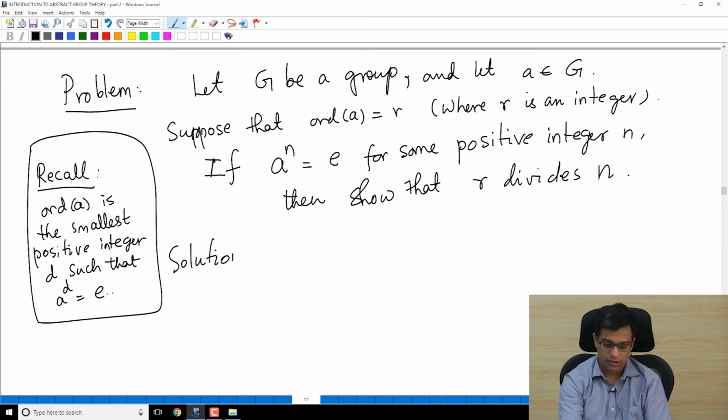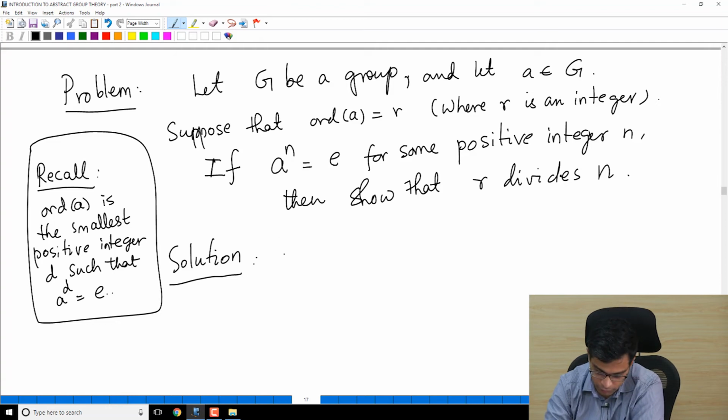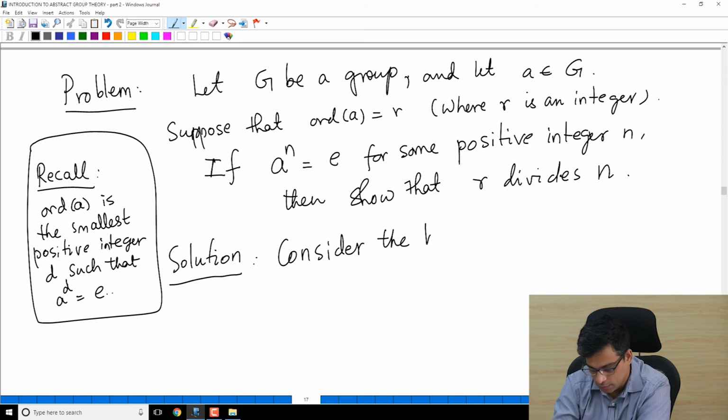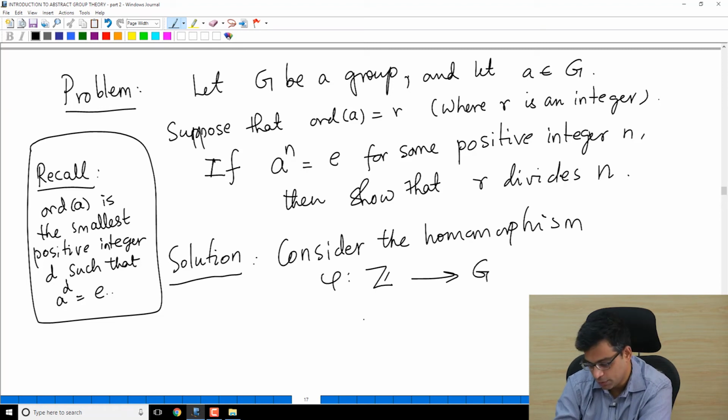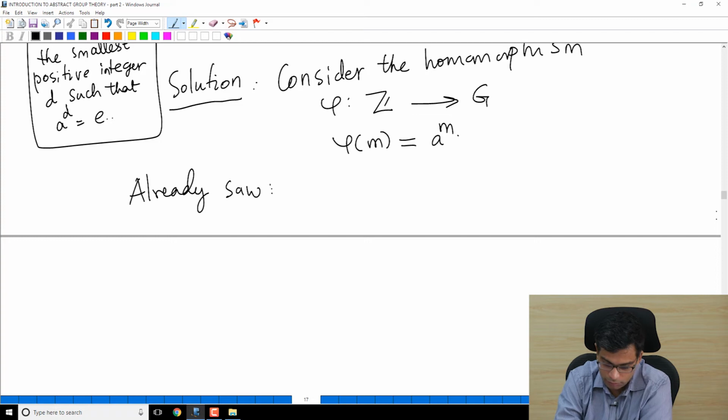Okay, what is the solution of this? I am going to recall for you another description of the order that I gave after I defined homomorphisms. Consider the homomorphism phi from Z to G which sends some integer m to A^m. In an earlier video already we saw that phi is a group homomorphism.